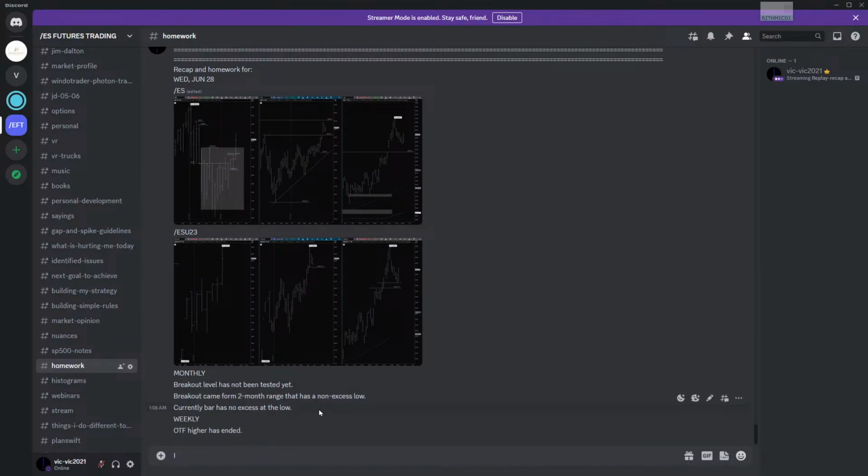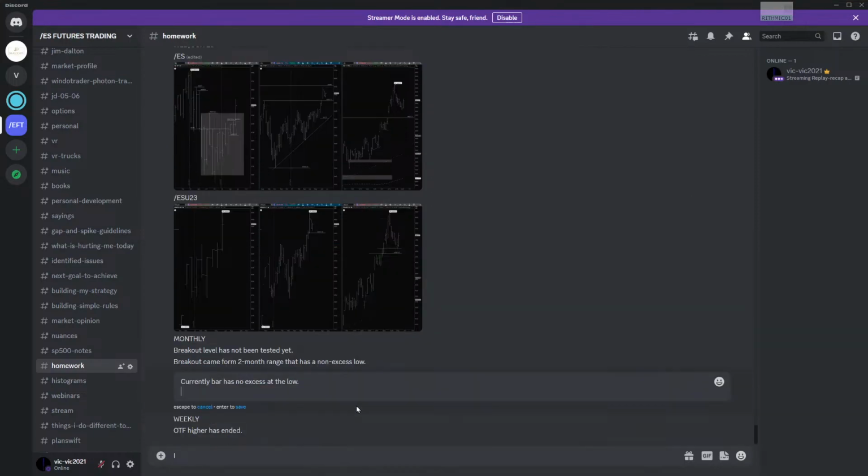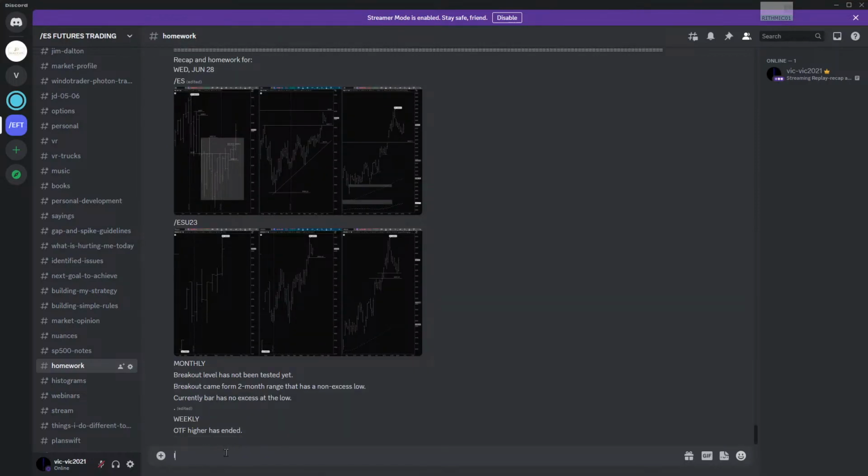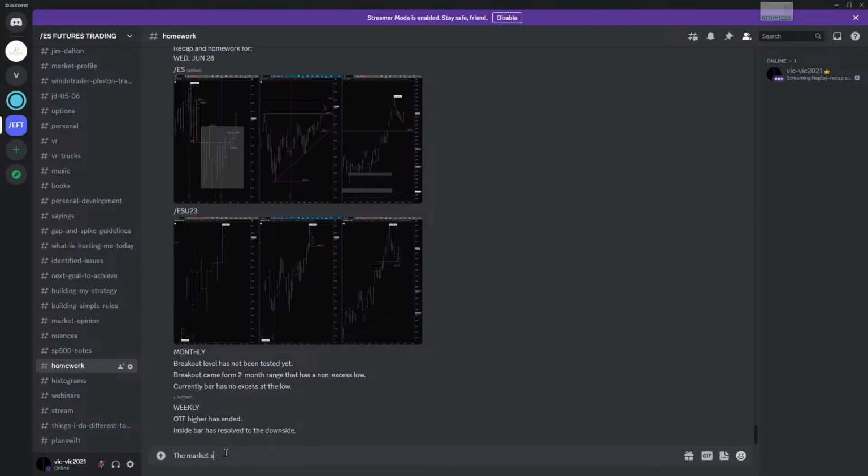The inside bar has resolved. Is that a word? To the downside. The market is still inside the two-week range.